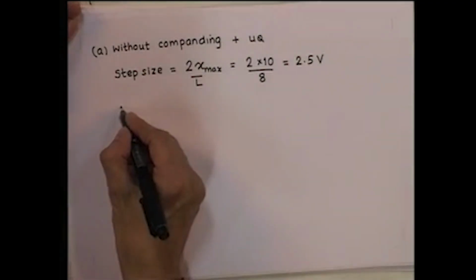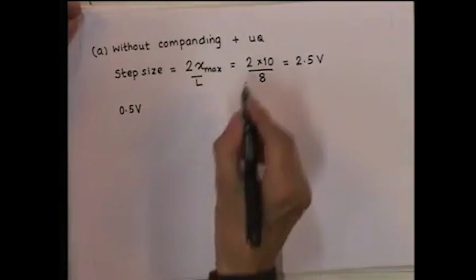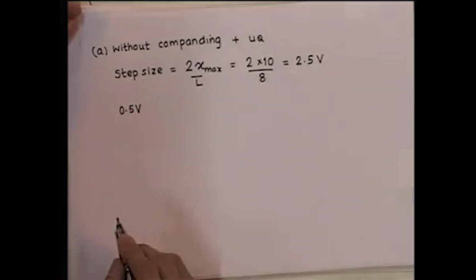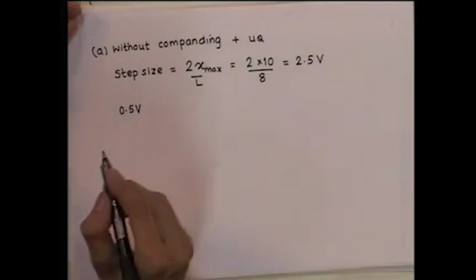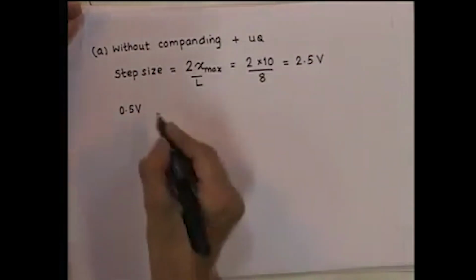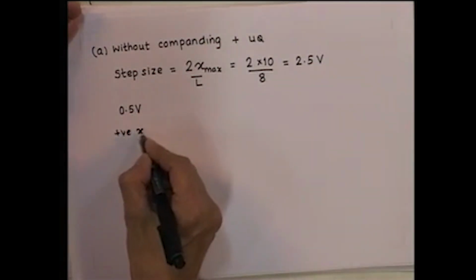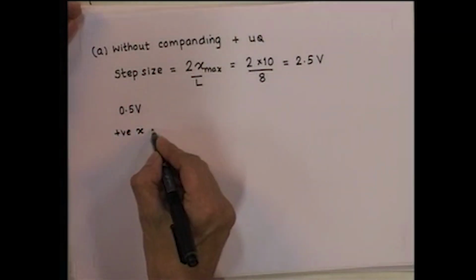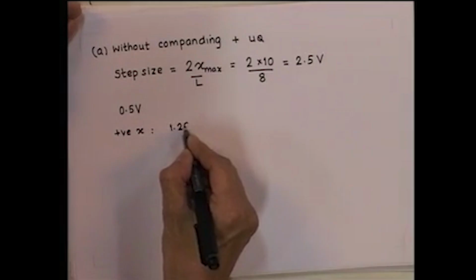Now, the given input 0.5 volt lies between 0 and 2.5 volt. Therefore, the first reconstruction level for the positive x is 1.25 volt.